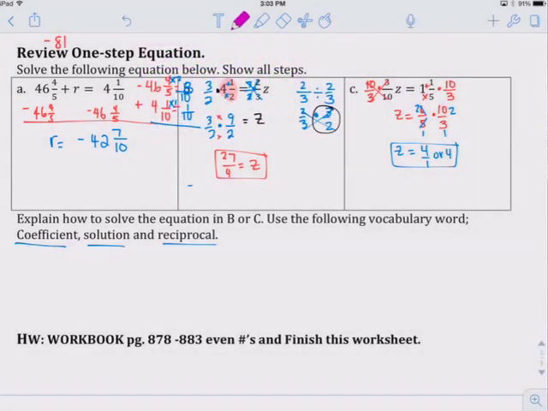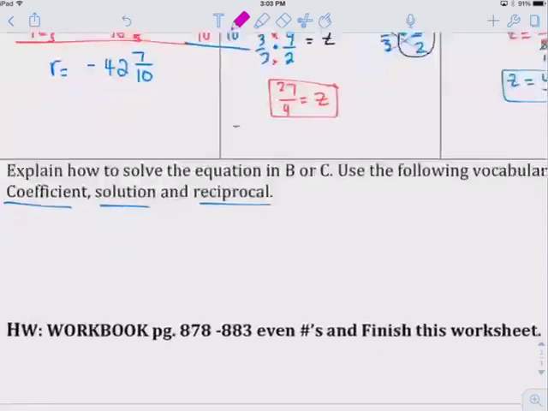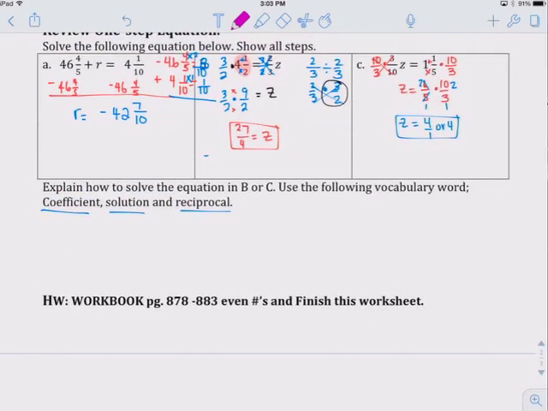So for your C, I would say, get rid of the coefficient. You're saying it perfect.